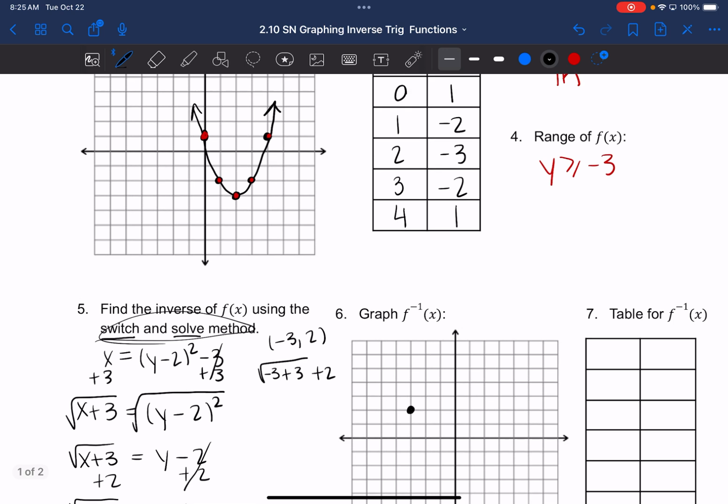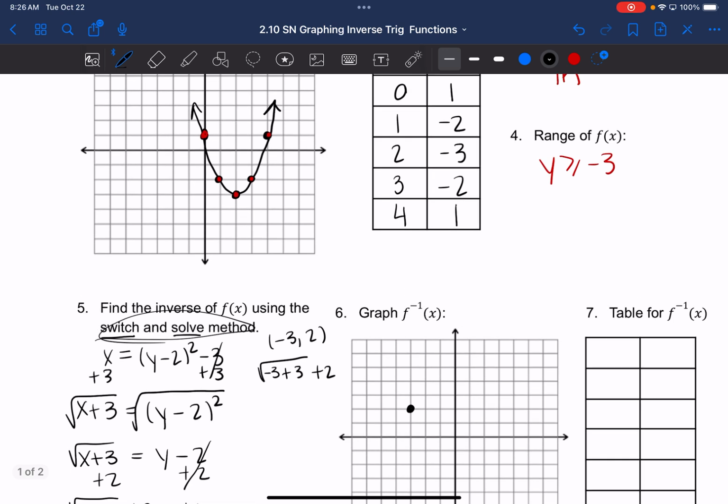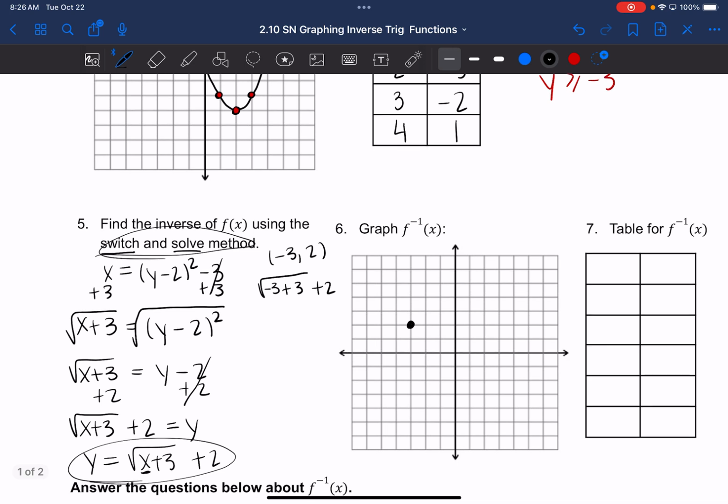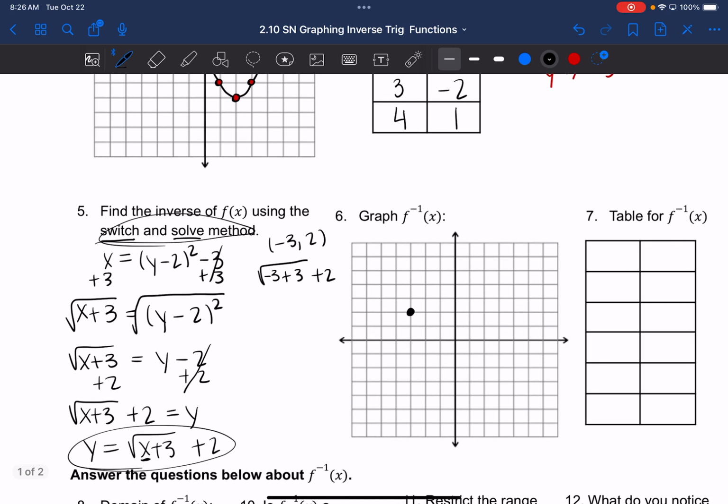All right, and then if I look back up here, we had negative 2 as y values twice. So let's try plugging in negative 2 and see what we get as an outcome. Negative 2 plus 3 underneath our radical with plus 2. Okay, so what is negative 2 plus 3? 1. Okay, so I'd have the square root of 1 plus 2. What is the square root of 1? 1.